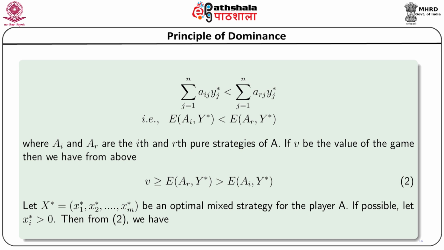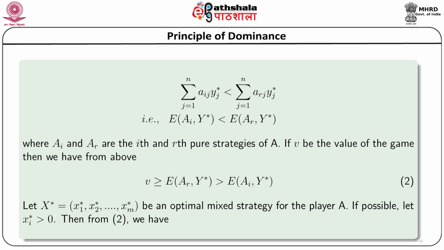That is, we can write E(ai, y star) is less than or equal to E(ar, y star), where ai and ar are the ith and rth pure strategies of A. If V is the value of the game, then from above V is greater than or equal to E(ar, y star), which is greater than or equal to E(ai, y star).